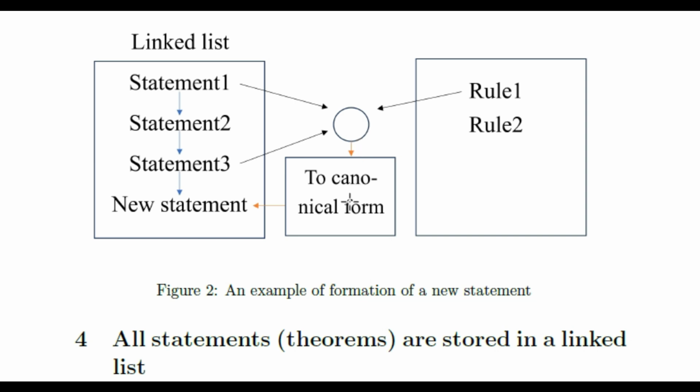I will tell you later what is canonical form, and then it adds to the end of the statement list. And statements are processed from start to end, and at some point the new statements will be processed also. So there may be new statements coming from the new statements, earlier statements.